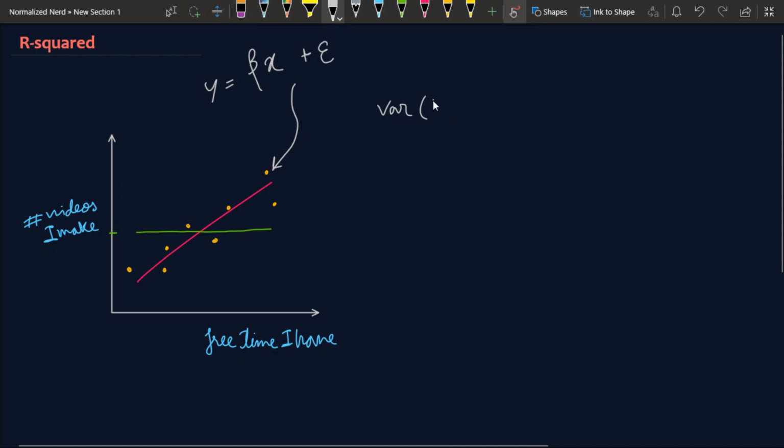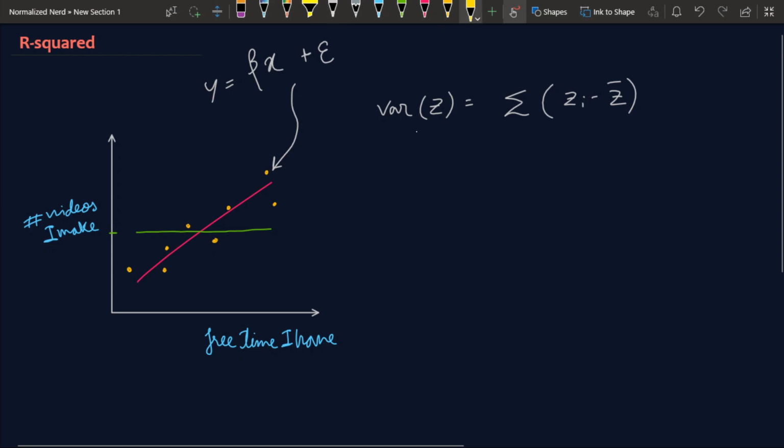Okay, so let me just say variance of z is nothing but the sigma, obviously, over all the points, and here we have (z i minus z bar) squared. Well, ideally we have here a 1 upon n. I am just omitting it because this is not needed for our formula.